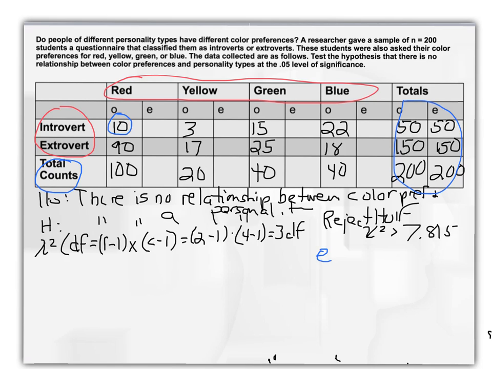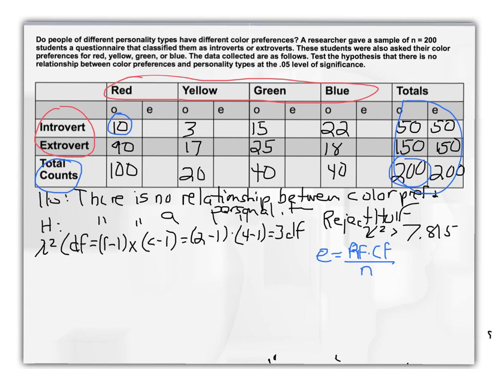In this case, it's 50. So take the row frequency and multiply it times the frequency for that cell's column, which is 100. And divide that by the total number of people in your sample. And that will give you the expected frequency.